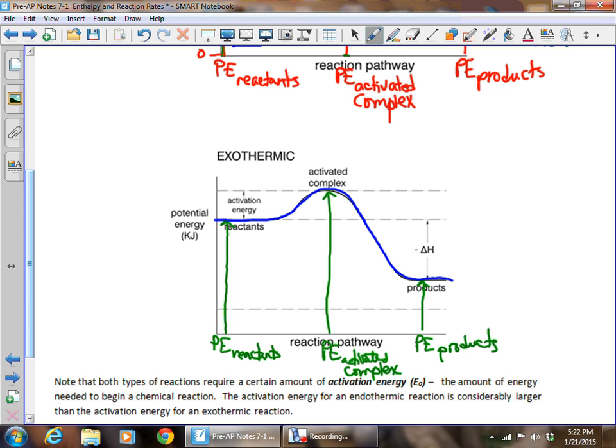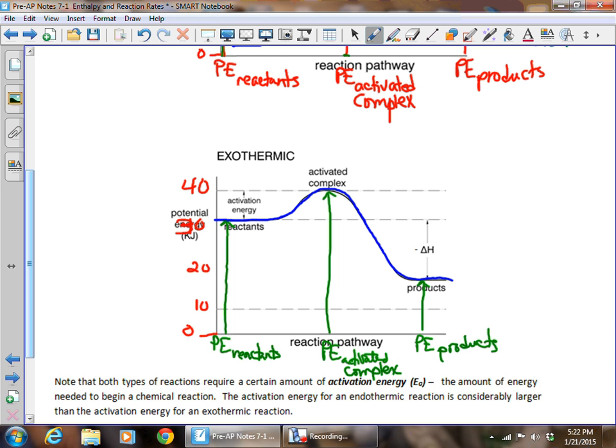Let's say that we started out at 0 down here on this reaction, and maybe this was 10, 20, 30. Let's make that a little taller. It's not to scale. I'm not going to worry about it. 30 here, 40 up here.